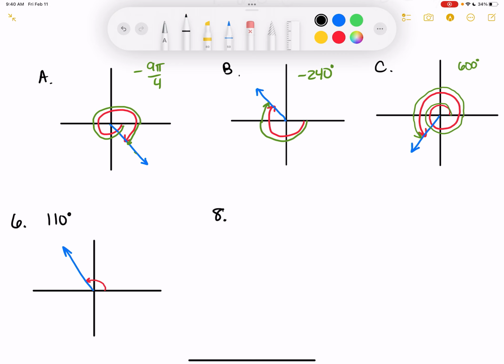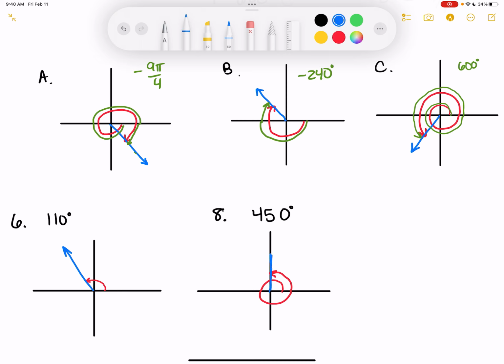So then with 8, it's looking for 450 degrees. So I'm going to set it up again. Gotta go all the way around once, and then how much farther do I need to go after that? I've gone 360. So 90 more. So I stop at the axis. I draw in my angle.